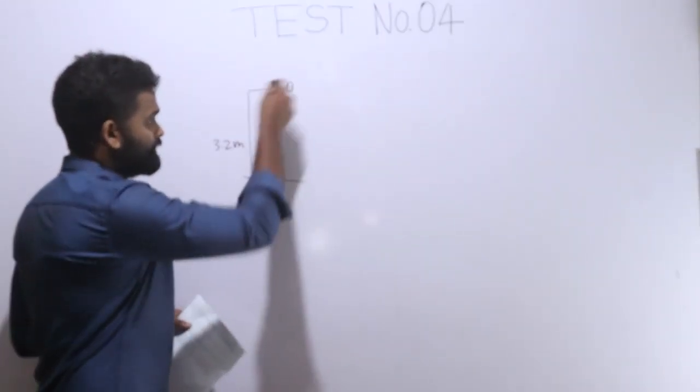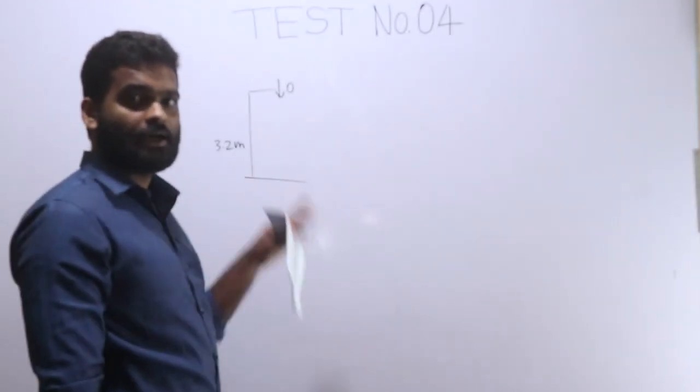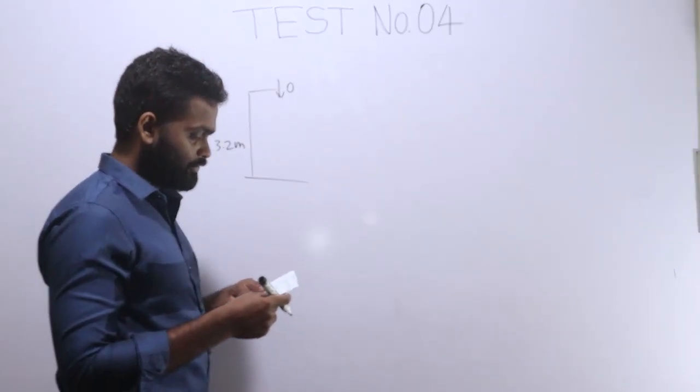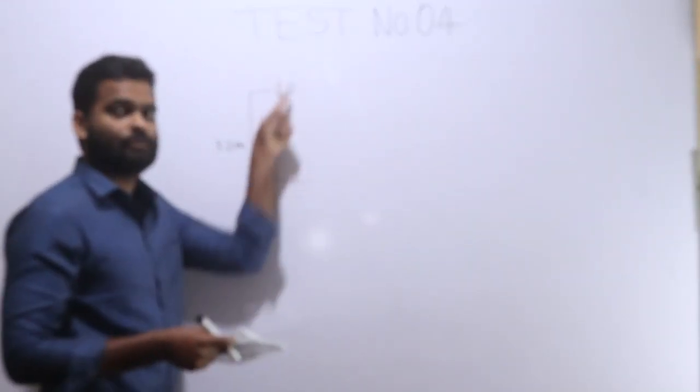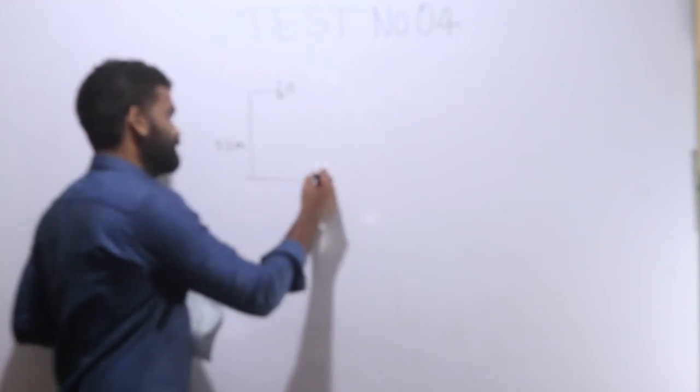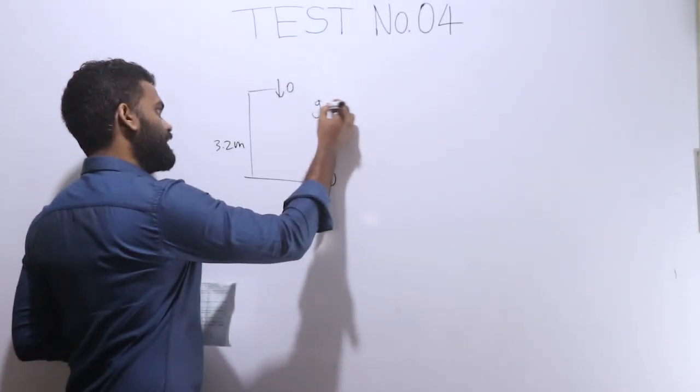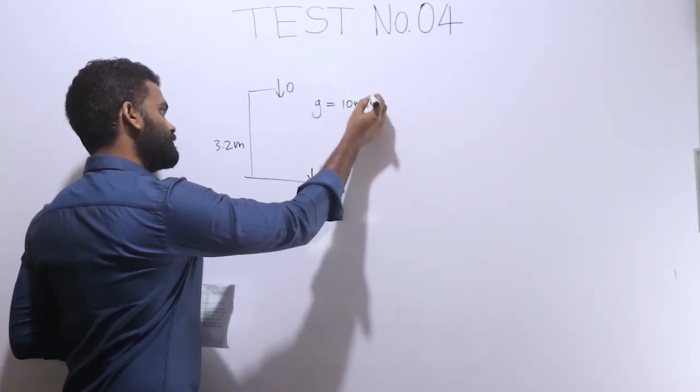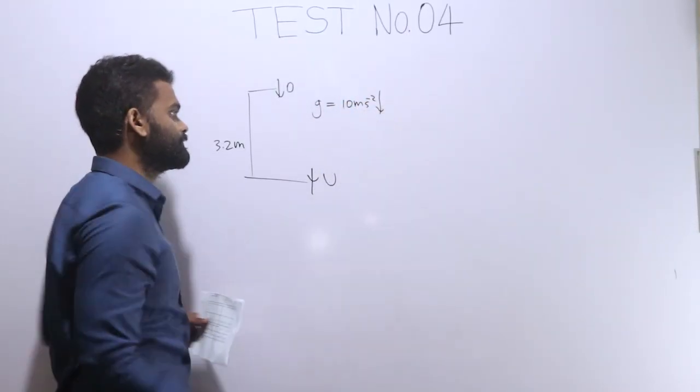Releasing the object means the initial velocity at that height is 0. They are asking for velocity gained and time required for this motion. Let's say the velocity here is v. This falls under gravity, so g equals 10 meters per second squared downwards.